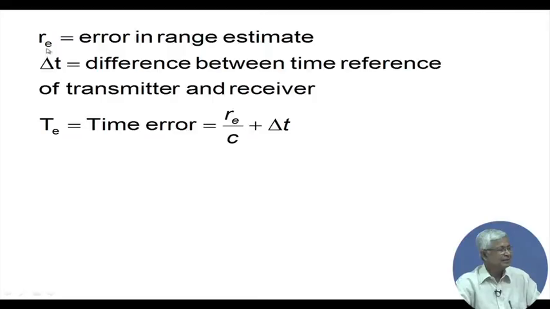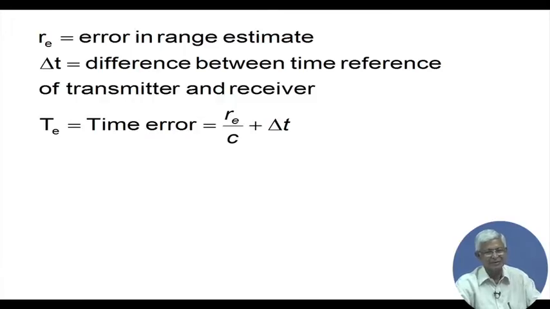So let us say RE is the range error, the error in the range estimate, and delta t is the difference between the time references. The transmitter has a time reference, the receiver has a time reference, and they have a certain difference because their accuracy, stability, all these things are not the same.